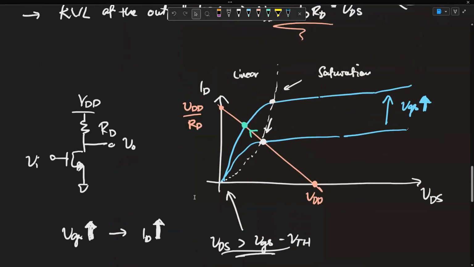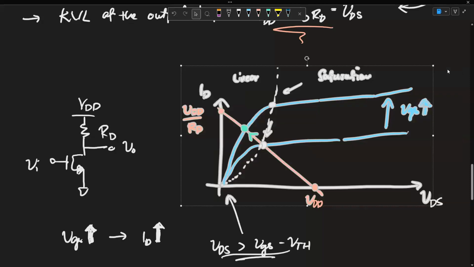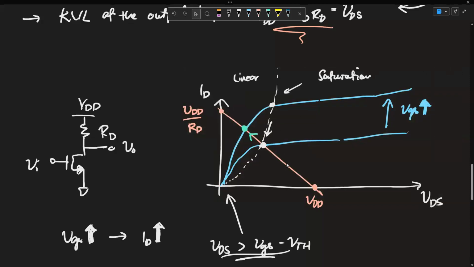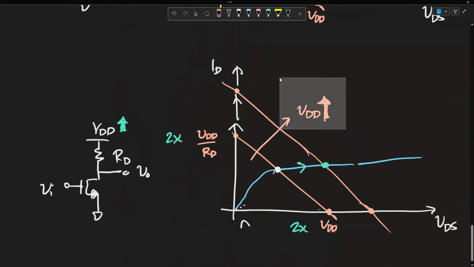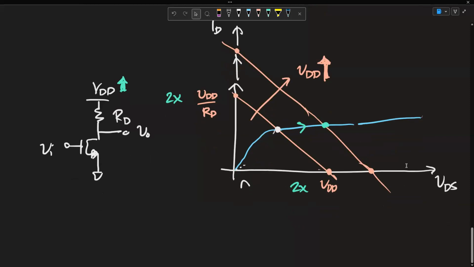Of course, because we saw here that as soon as we increased VGS, we fell out of saturation, and that's because the load line is very low here. If we increase VDD, we raise the load line, which means we have more space before we fall out of saturation, and we can further increase ID, which generally tends to increase your gain. And you'll see how we actually calculate the gain in the next lesson, Module 6.